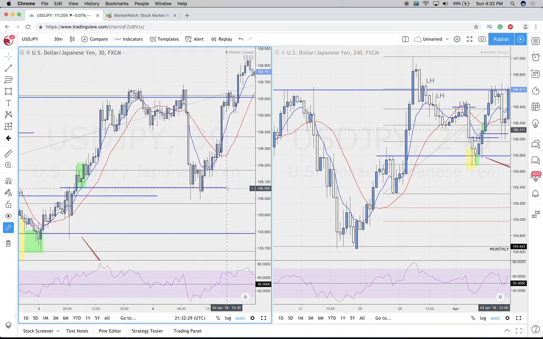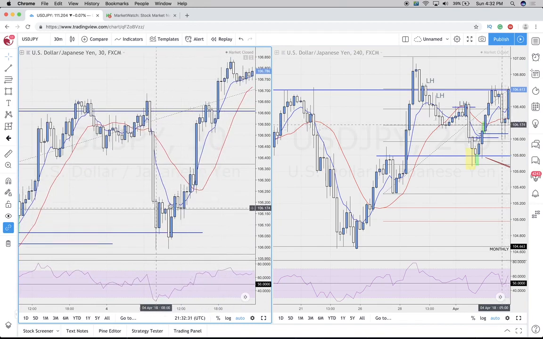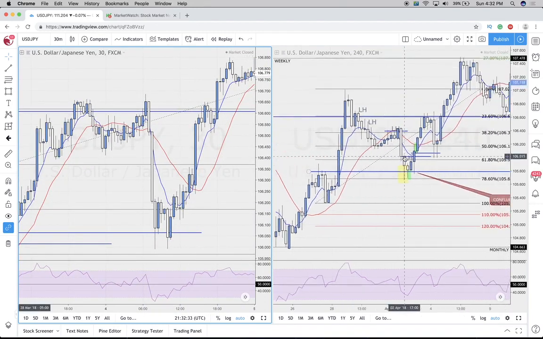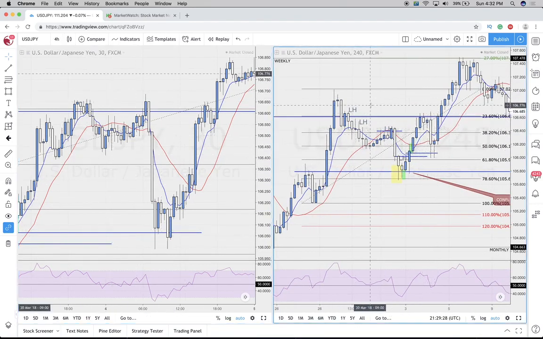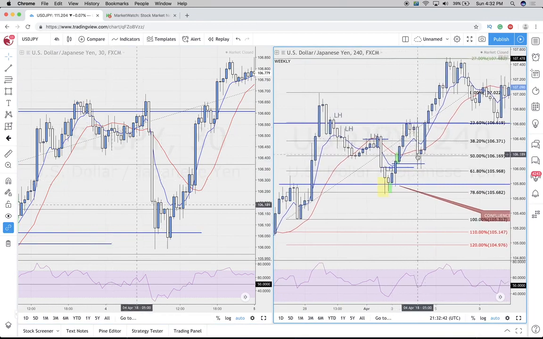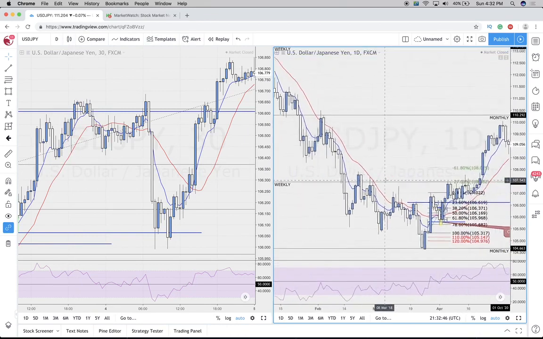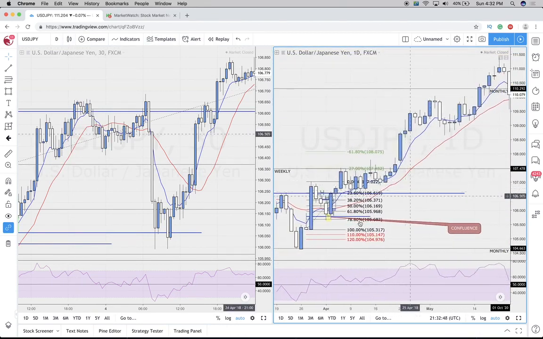Okay. So even when you, like right here, you're still having the same bias the entire time period. And this right here was that big push on that higher time frame. But even when all this happened, look at this though. When all this was going on, this right here was the daily chart. All right. Daily structure has shifted.